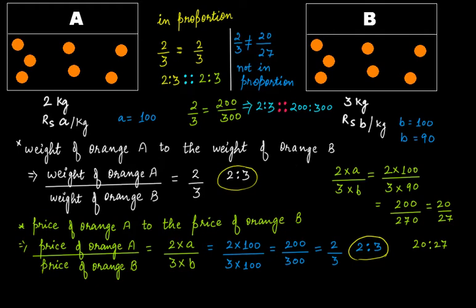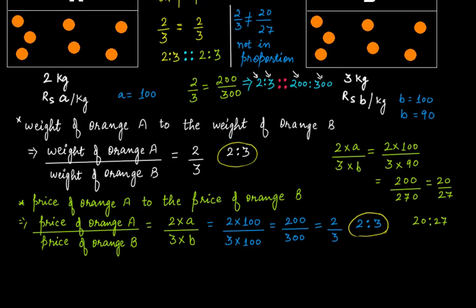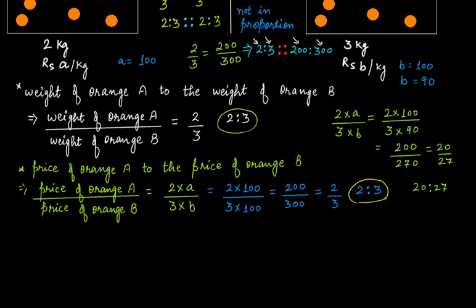Now, let me tell you one thing more. These numbers, that is 2, 3, 200 and 300, when we have represented this in the form of proportion, I need some space, so I'm moving here. So let me just copy it.